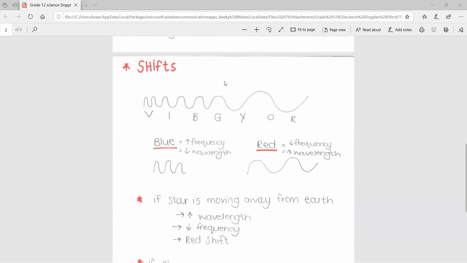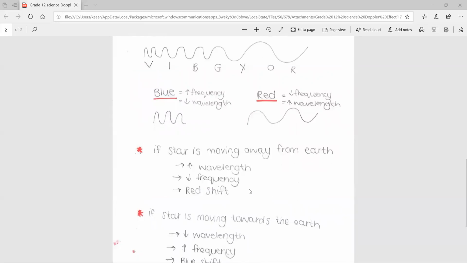This was taught to you probably in grade 10 and 11. So with the blue shift, we have now seen at blue, there's a high frequency and low wavelength. And this is kind of the image that they would have. At red, we have a low frequency and a high wavelength. And this is the image that you have.